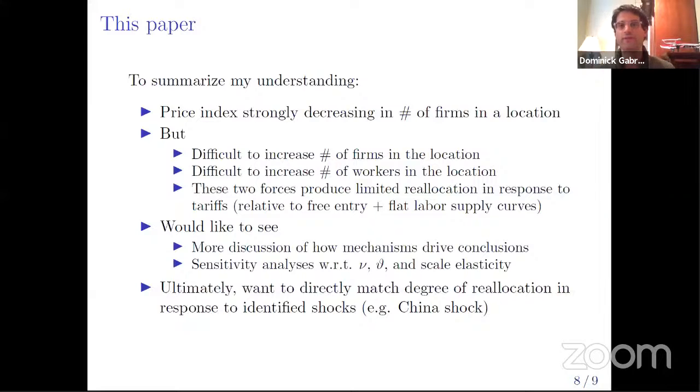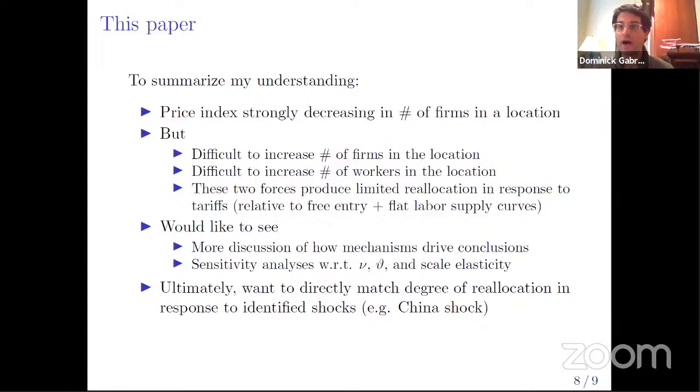So to summarize, we have these strong scale economies in this model, but it's difficult to increase the number of firms in a location because firms are not very willing to reallocate. And it's also difficult to increase the number of workers in the location because we have these upward sloping supply curves.